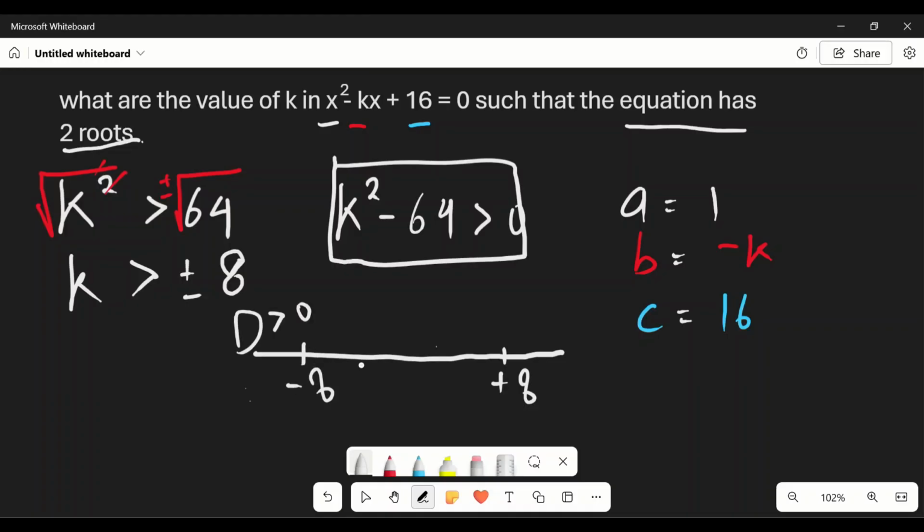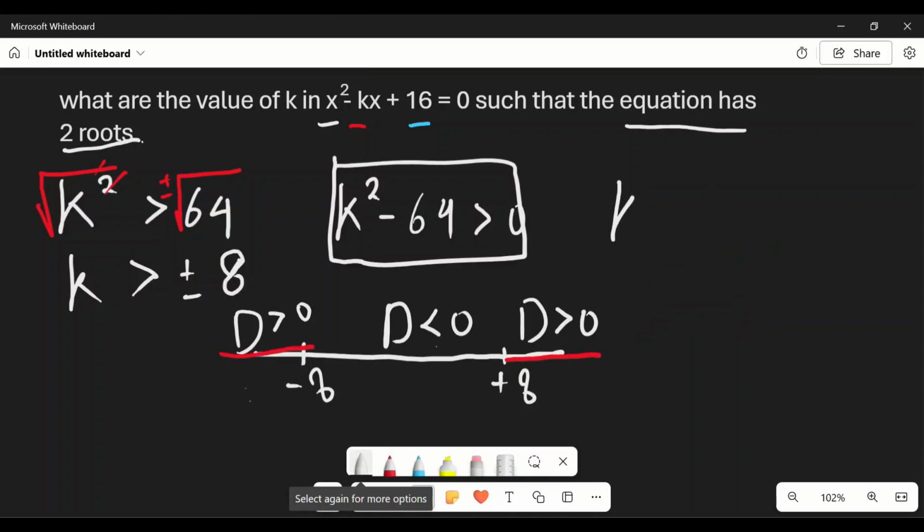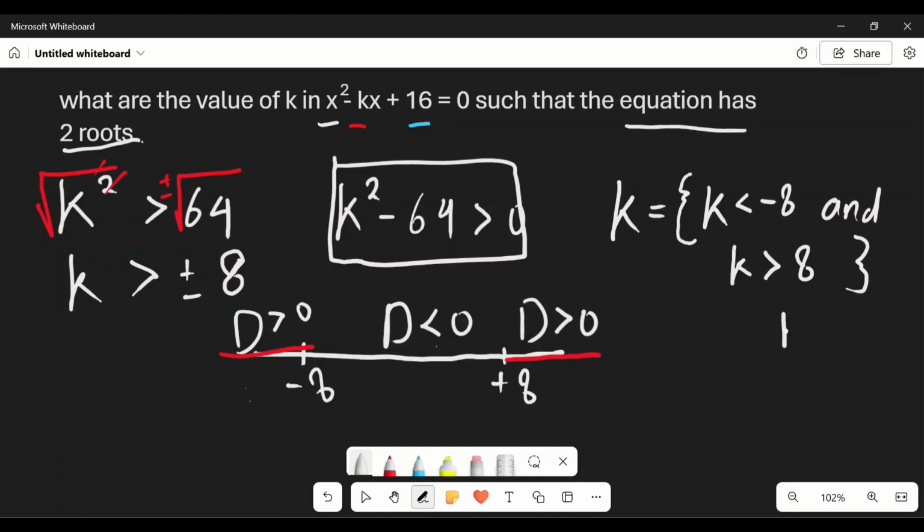Take the value between negative 8 and plus 8, the discriminant is less than 0. Then if we take the value of k bigger than 8, the discriminant is bigger than 0. This is the range of k. This is the result.